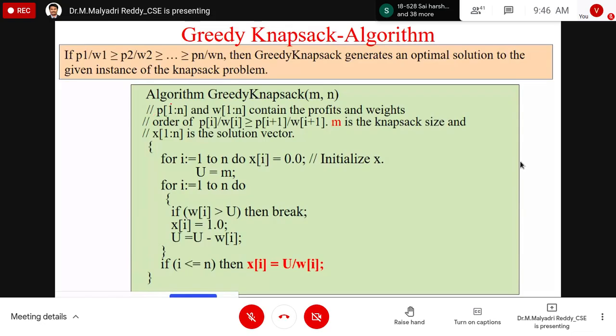Yes, sir. The profits are from 1 to n, where n is the number of items. Profits and weights are given. Then the order of P of I by W of I, profit by weight, should be greater than the next. According to the ratio, I need the elements arranged in order. Is that decreasing or increasing order?